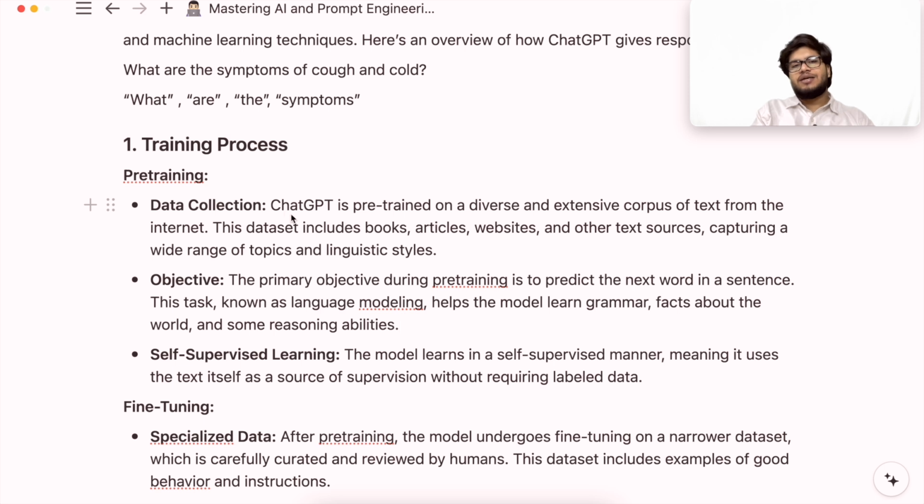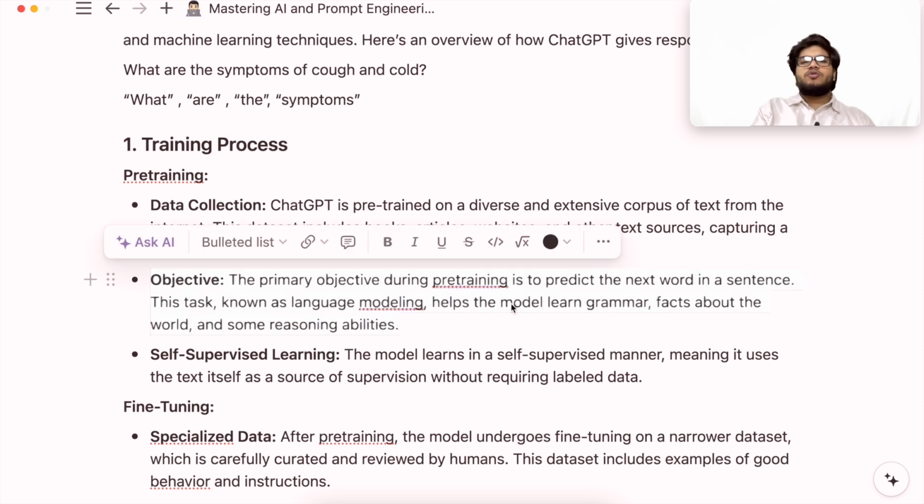ChatGPT is pre-trained on a diverse and extensive corpus of text. The objective during pre-training is to predict the next word in a sentence. This task is known as language modeling. If I write what are the symptoms of, it will predict the next word, like for example cancer or any other disease.